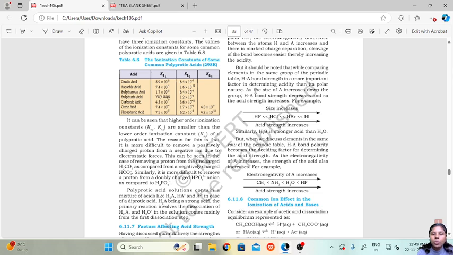For example, A which is there, we can consider to be halogens. As we go down the group, the size increases, and the H-A bond strength will decrease. If size increases, the bond strength will decrease and so the acidic strength will increase.